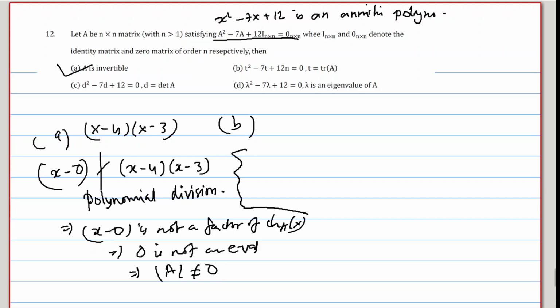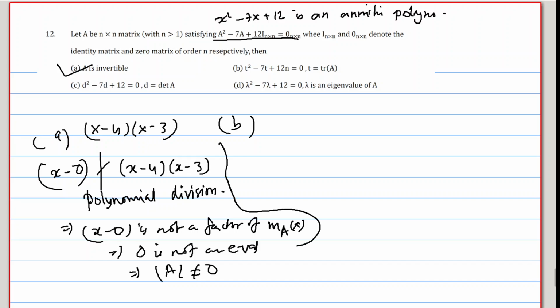So basically you are saying that if the annihilating polynomial is of degree 2, surely its characteristic polynomial will be of degree less than 2, either 2 or 1. What I'm saying is the minimal polynomial, so instead of this I should have written minimal polynomial.